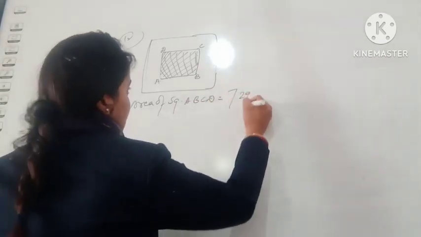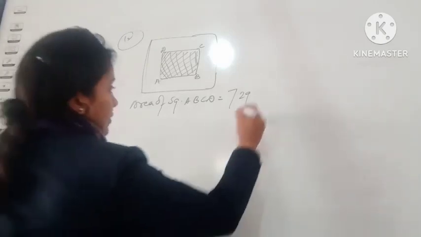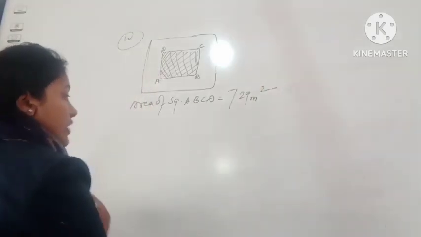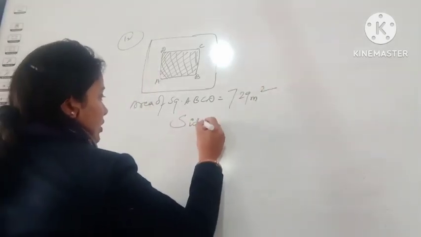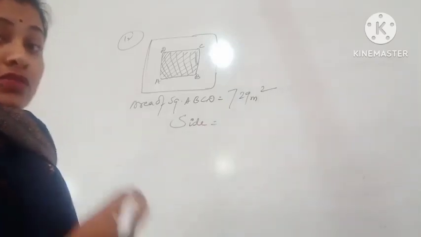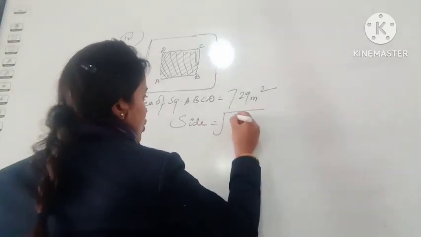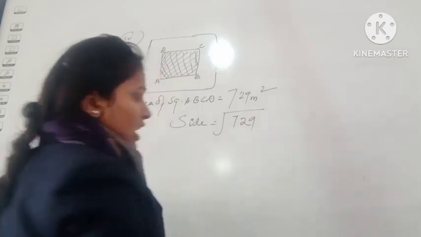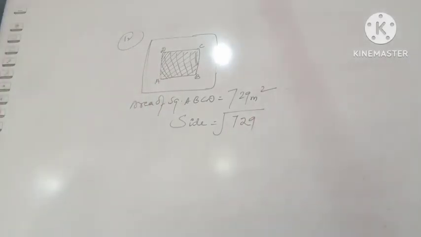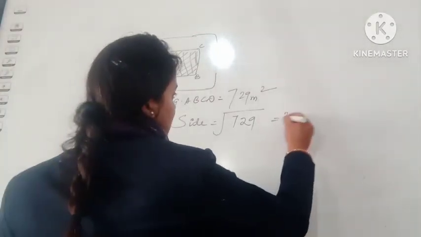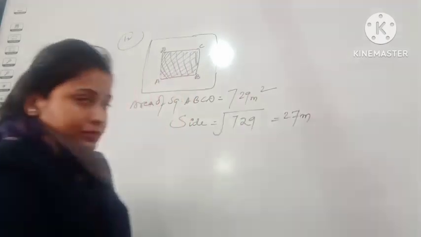So now how are we going to calculate the side? We know that area is side square, so side can be calculated by square root of 729, and the square root of 729 will come out to be 27 meter. Okay, so this is the side of the small square.